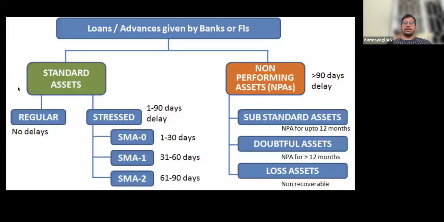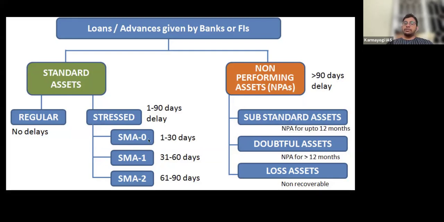But yes, we will quickly revise what non-performing assets are. If you have taken a loan, you have to pay the loan EMIs every month, right? So if you are paying regularly every month, with no delay, it is called a regular account. If it is not paid for more than 30 days, it is considered under special mention accounts.